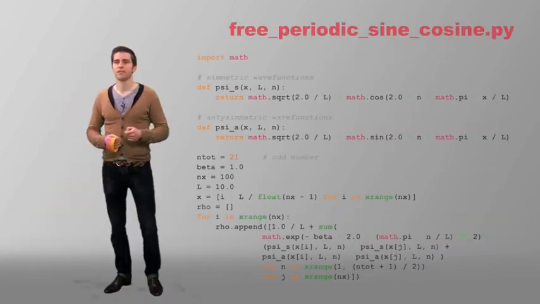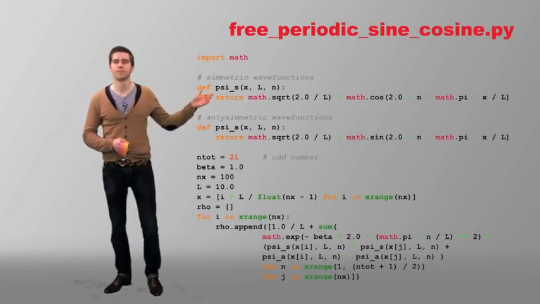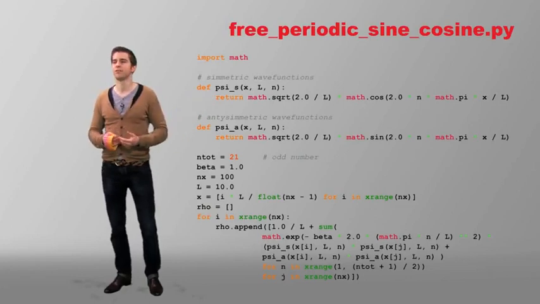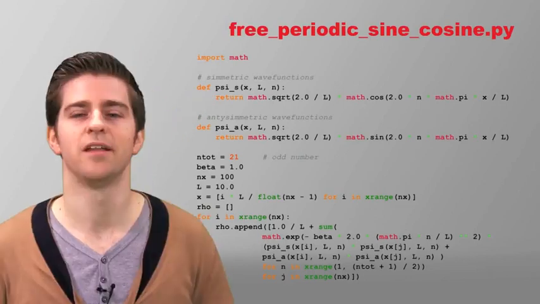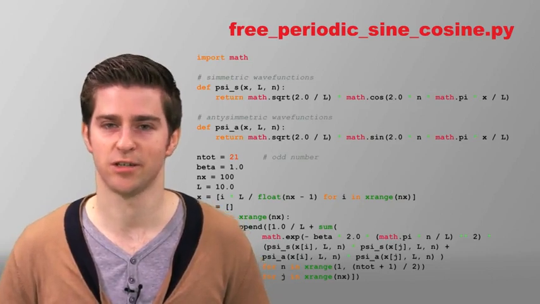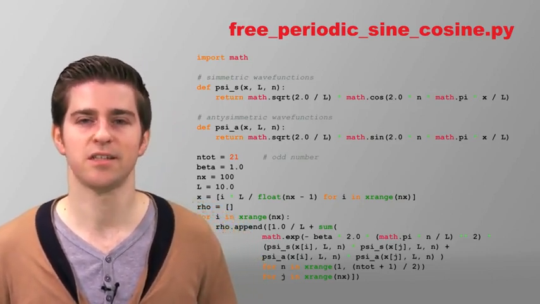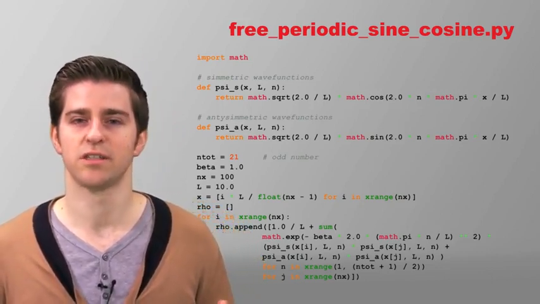In Python, this gives the following program. It is analogous to the program harmonic_wavefunctions.py that was introduced by Werner in this week's lecture, and it computes the density matrix by summing over all states.